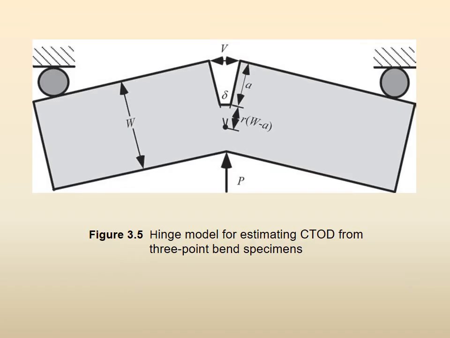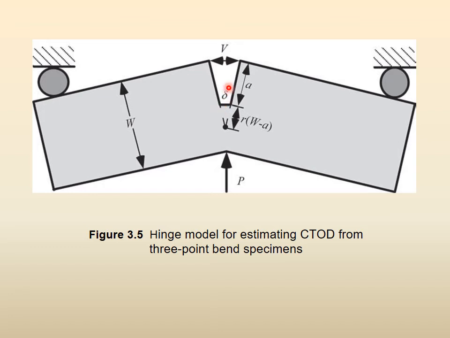So now we have this schematic diagram, that because you are doing 3-point bending, you are trying to bend this way, bend this way. So whatever was the original V notch has now opened up. Now the real delta is here, near the crack tip.